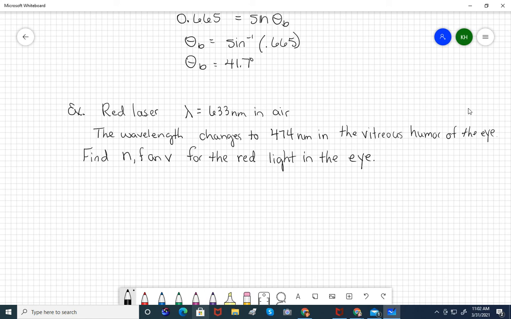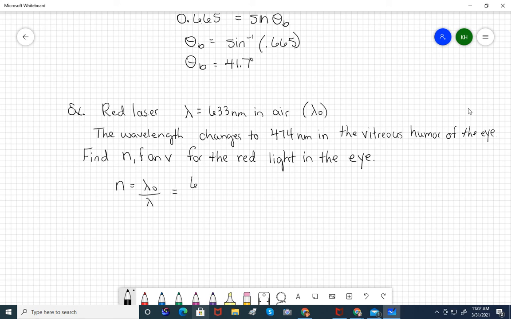Well, first of all, the frequency is going to be the same in air or in the eye. So frequency would be really easy to find. n will be really easy to find. Air is the same as a vacuum as far as we treat it. So this is going to be our lambda 0. So the index of refraction is lambda 0 over lambda.